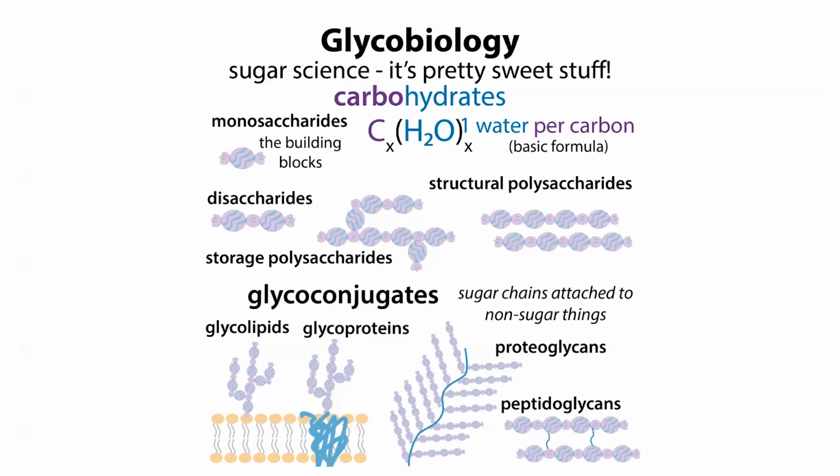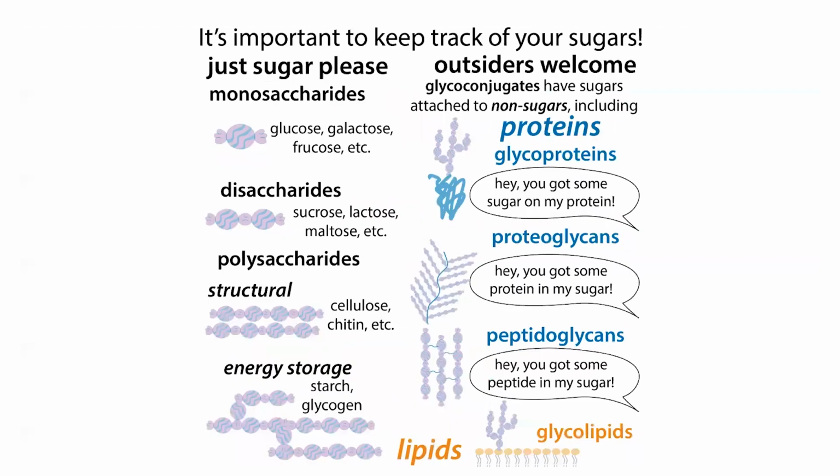There's also, if you attach those sugars to other things like lipids, like the fatty membranes around your cells, or proteins, or peptides, so short protein pieces, there are basically tons and tons of different things that sugars can do in your body. And in various organisms, they can play different roles. So you might have heard of endotoxins.